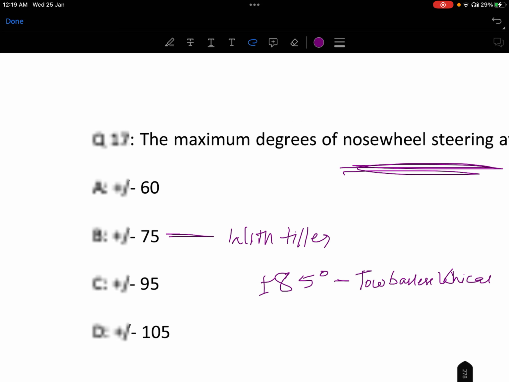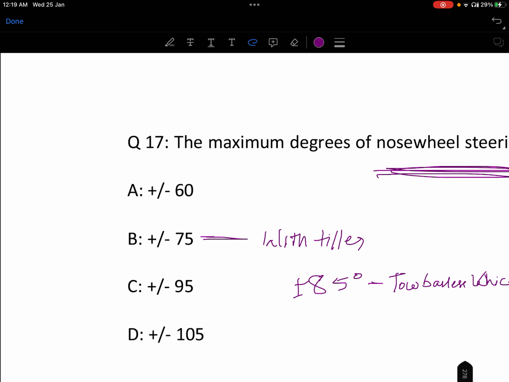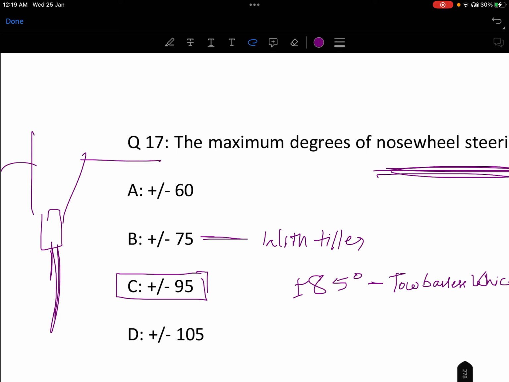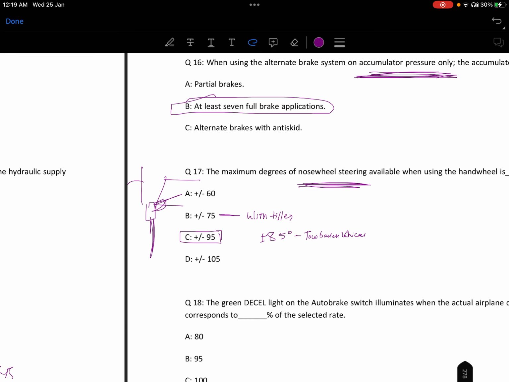But with the help of a tow bar, we can steer the nose wheel till 95 degrees each side. Are you getting it? If we attach a tow bar to the nose wheel of the aircraft, we can steer it till 95 degrees each side.